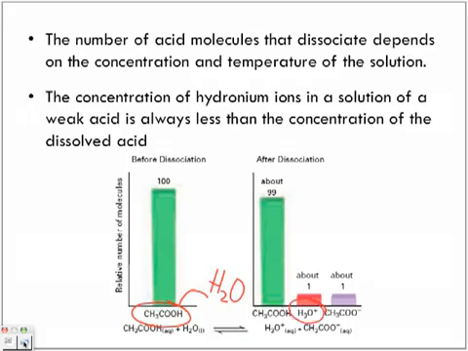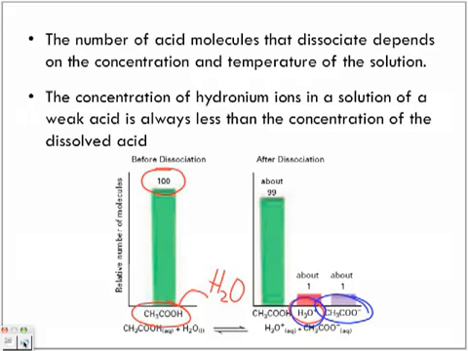If we look at it in terms of numbers, hypothetically, if we had 100 molecules of acetic acid in water, only one of them will actually break apart. Only one of them will dissociate and give off the hydrogen to the water, forming the hydronium ion, which will leave only one of them remaining as its conjugate base.